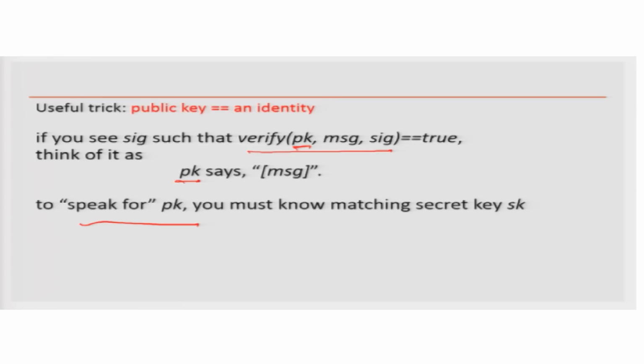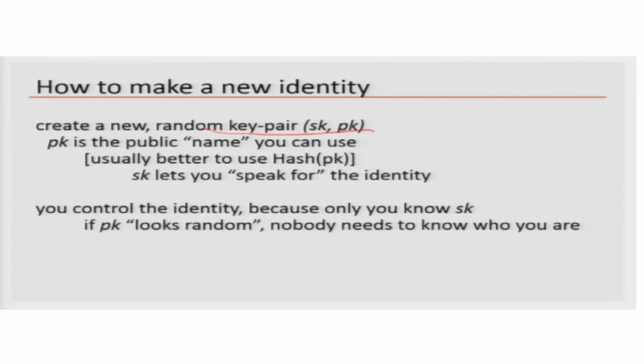Signature requires the corresponding private key, which you should keep to yourself. So, to make a new identity in the blockchain, you create a new random key pair. We know how to do that with the create key function, and PK becomes your public name and SK is kept as your hidden identity, or key to your identity.